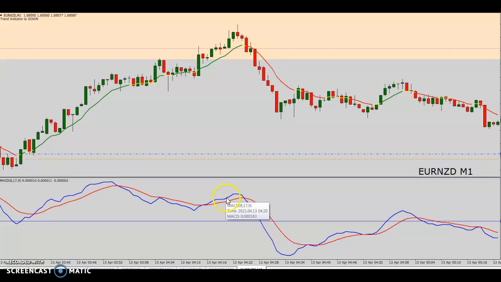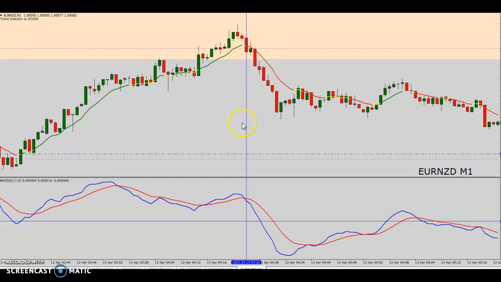The blue is the MACD line and the red is the signal line. So I'm going to put a vertical line here on this candle because that's the one that is crossing over the sweet spot level and crossing over and breaking below my 10 EMA.